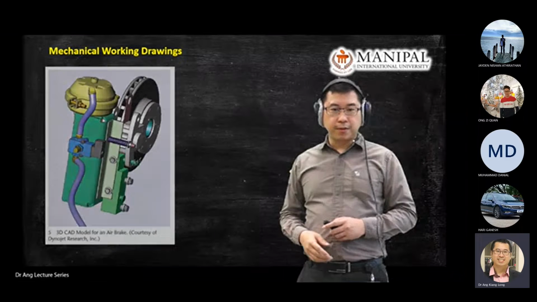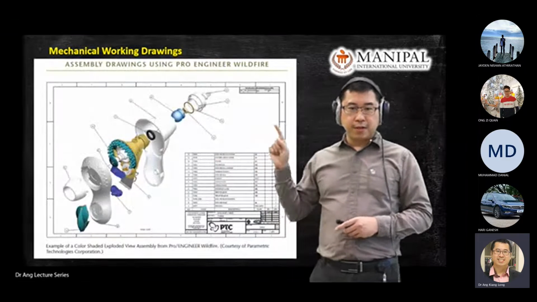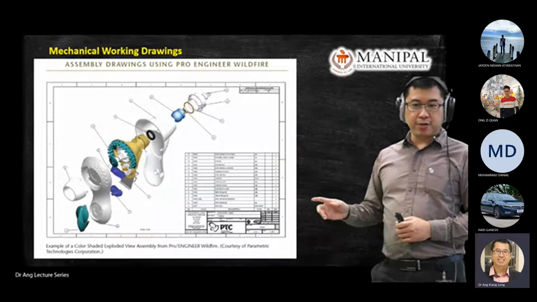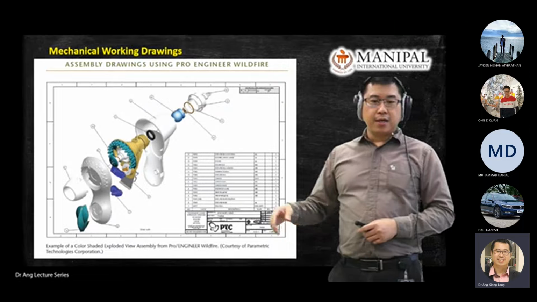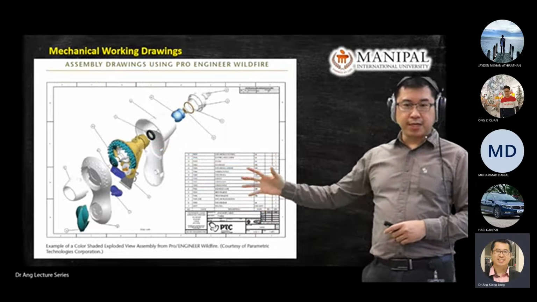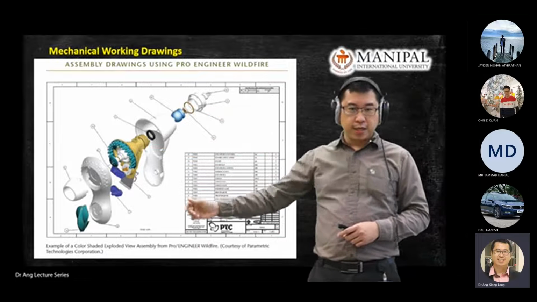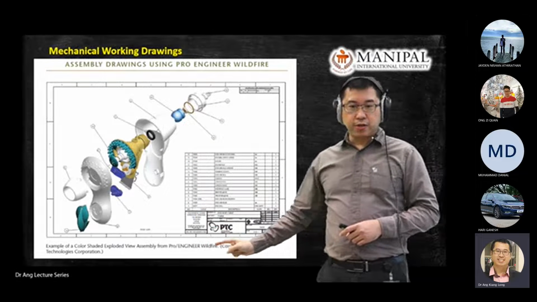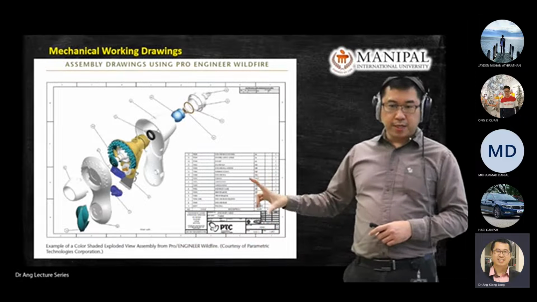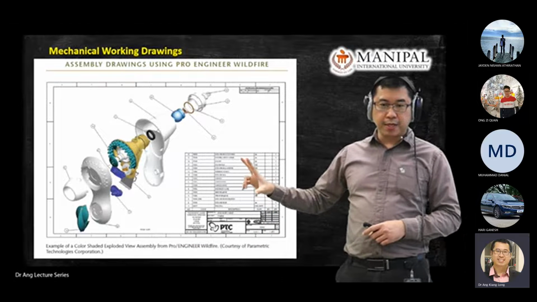So I'll give you a few examples. This will be the end result that I expect from you by the end of the semester. There will be 1 page of assembly drawing, something like this. This one was generated by ProE. So we'll see you are using the correct template. You have the BOM list or material list or part list.